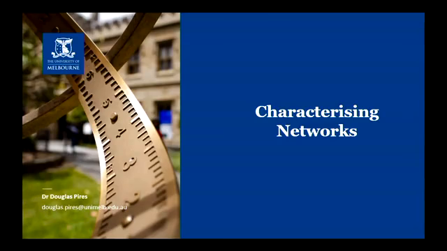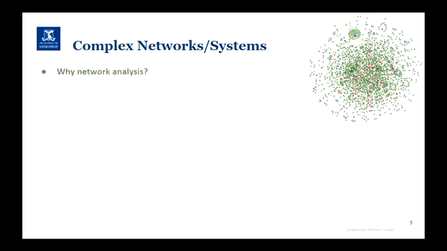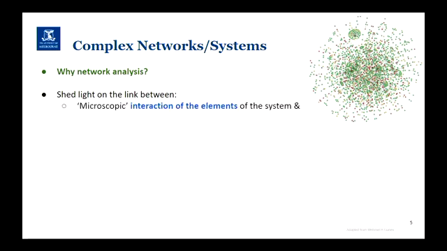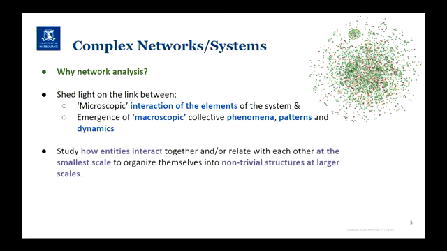So today we're going to focus on characterizing these networks and extracting information from them. So why do we need network analysis? Networks basically try to shed light on the link between the microscopic interactions of the elements of that network and try to understand emergent macroscopic collective phenomena, patterns, and dynamics of that network. That's why we try to model complex systems as networks.